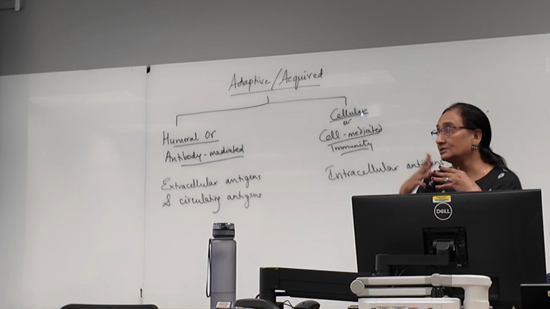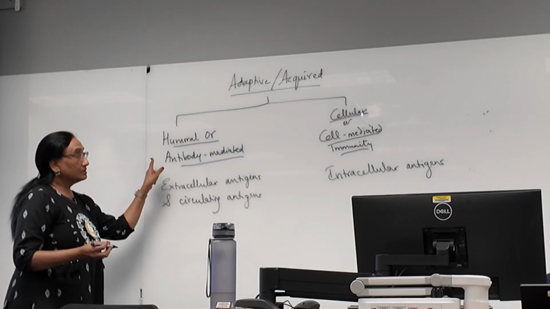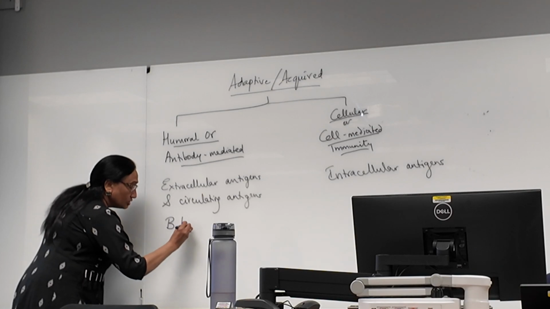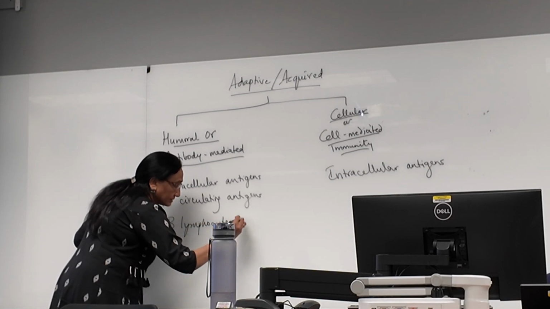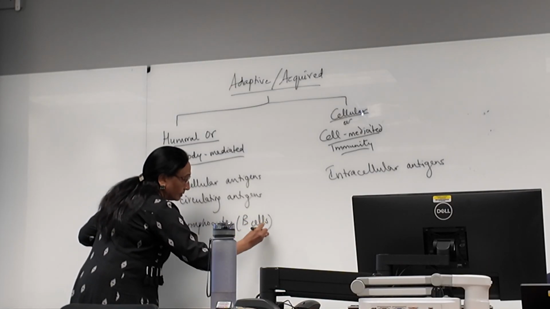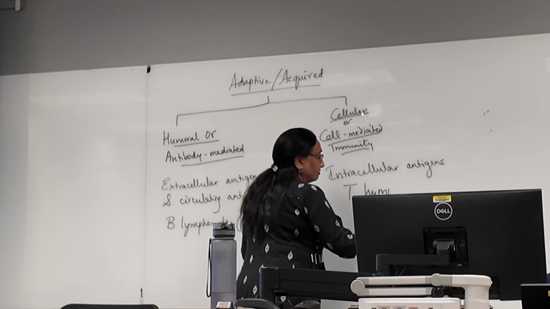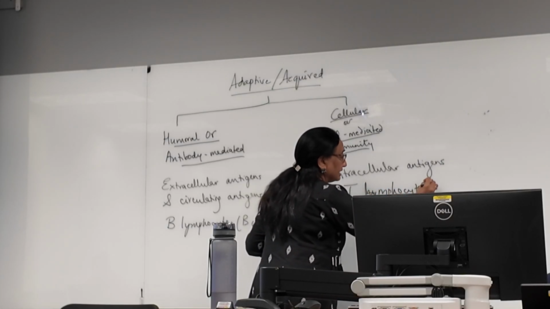They are both linked. We'll see how they are both linked. Now this humoral or antibody-mediated immunity is a function of B lymphocytes or B cells. This is a function of T lymphocytes or T cells.